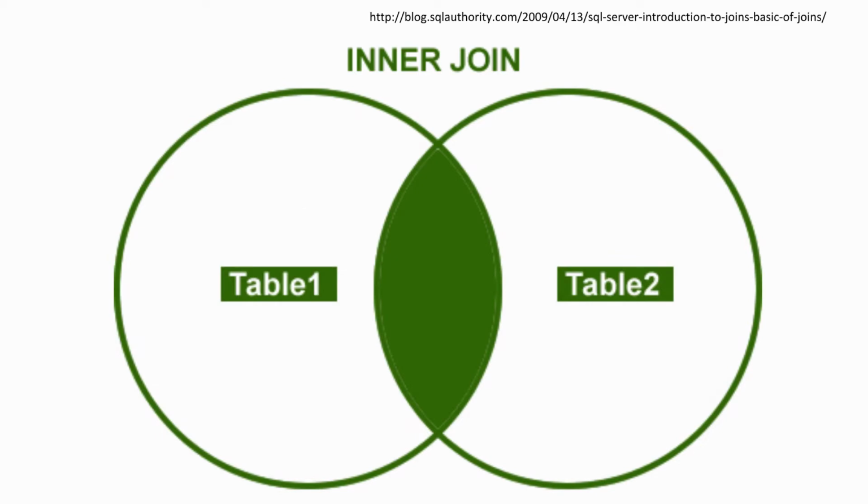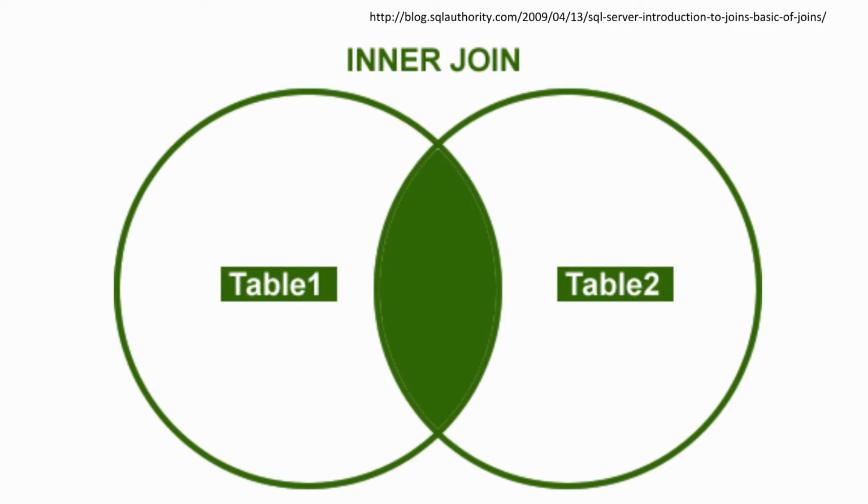I like to think about this in terms of Venn diagrams because I'm a bit of a stats nerd and data visualization nerd. If you think about this being your table 1 and this being your table 2, the only data that will appear in your final result is the data in this cross section, the data that exists in both tables, based on whatever unique identifier you're using to connect the two tables.